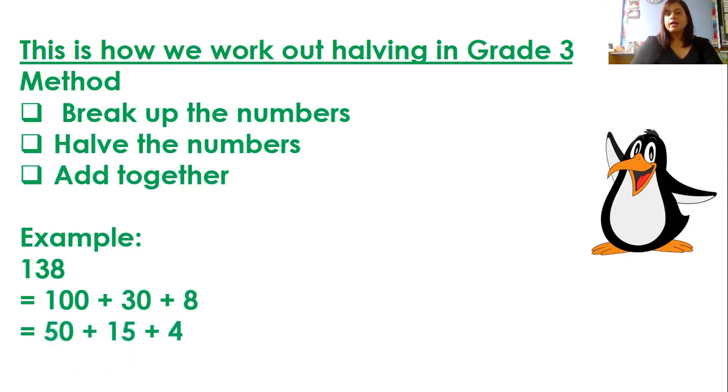Now I halve the numbers. Half of 100 is 50, half of 30 is 15, half of 8 is 4. My next step is to add them up together. And I end up with the answer 69.